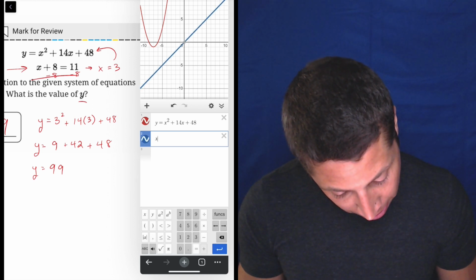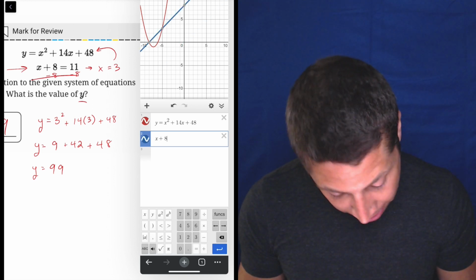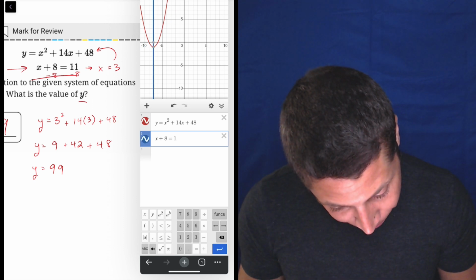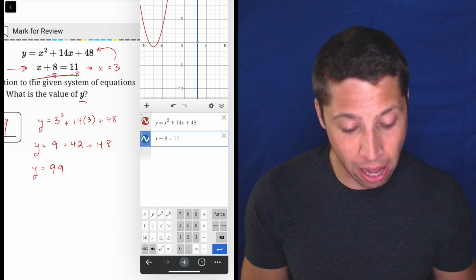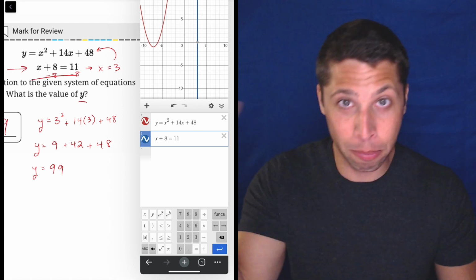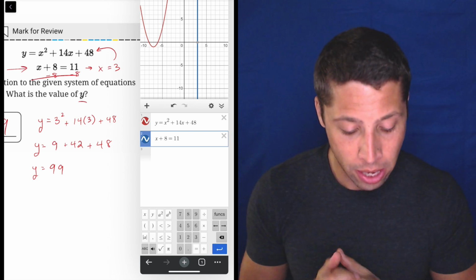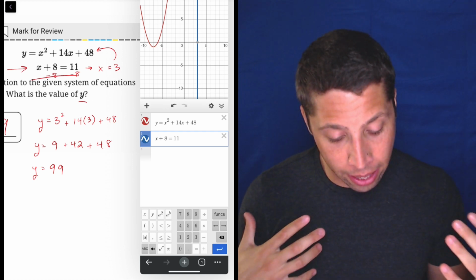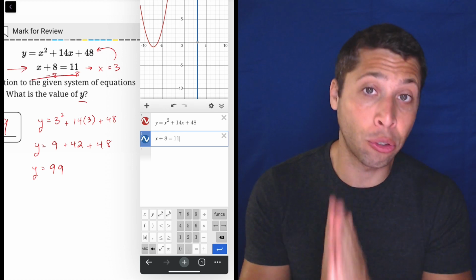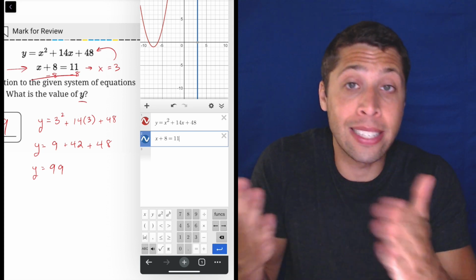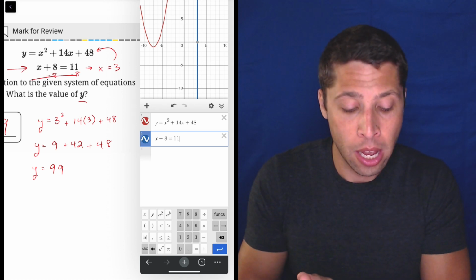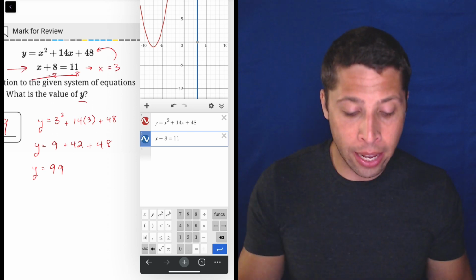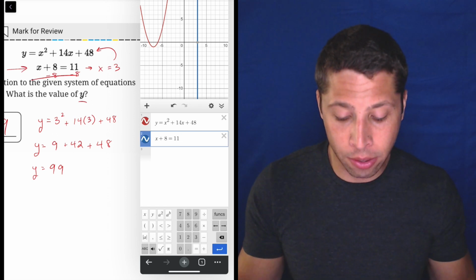And then x plus 8 equals 11. Oh, see, mistyped. And this is the challenge with the calculator: if you mistype it in the calculator, boom, that doesn't matter, they're not going to fix it for you. So what we get is a parabola and a straight vertical line. And the reason it's a straight vertical line is that there's no y coordinate for that blue line, that bottom equation. So now looking at our system, we're trying to find where they intersect.